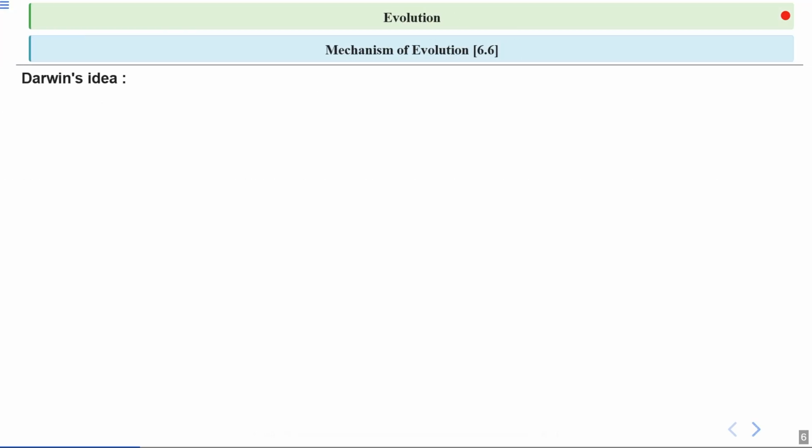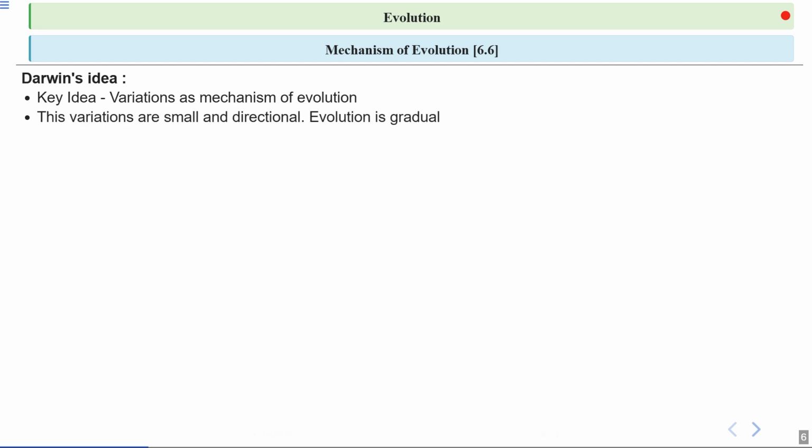Now what was Darwin's idea? His key idea was variations as the mechanism of evolution. Darwin said that variations keep on accumulating over generations, and this leads to the formation of a new species.